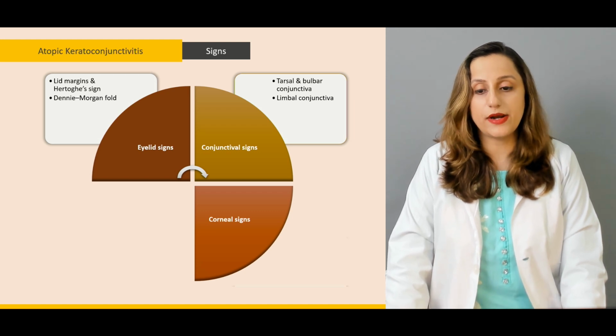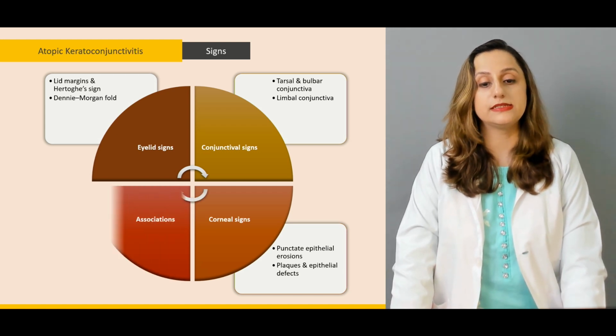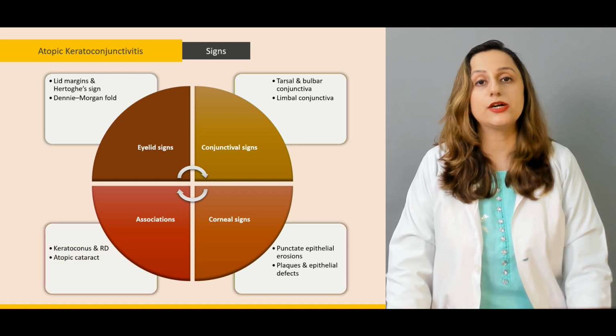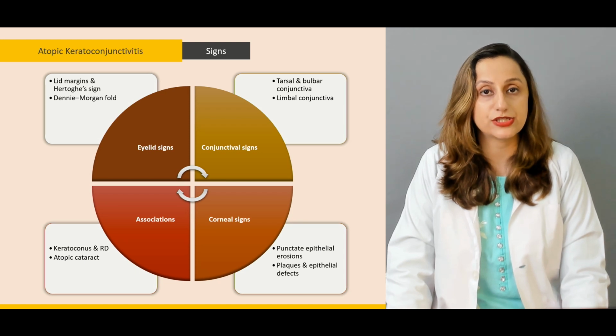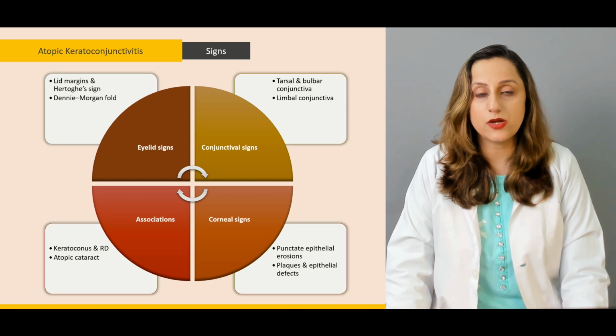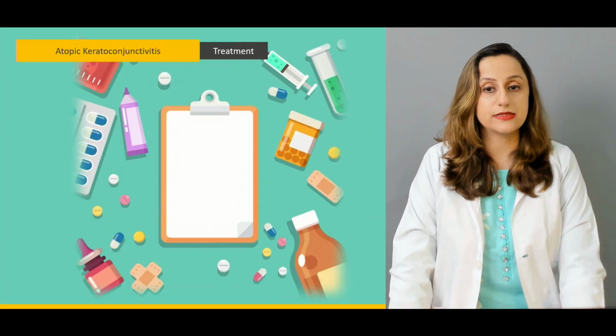The signs at the cornea would include punctate epithelial erosions, and it can also be plaques and epithelial defects. Associations with keratoconus can be complications that occur in this particular case of atopic keratoconjunctivitis. It can even end up in retinal detachment, or it can be the atopic cataract that occurs in these patients for atopic reasons.